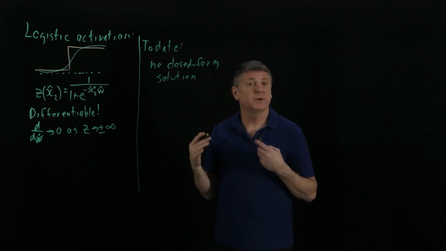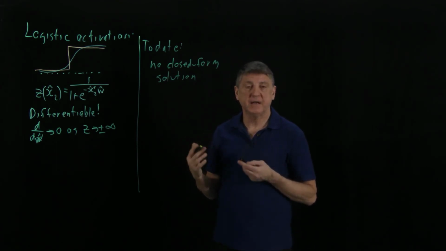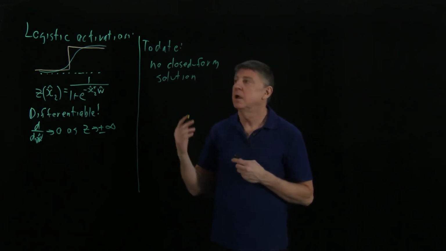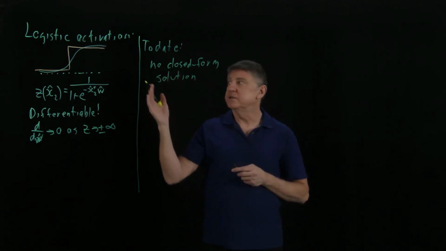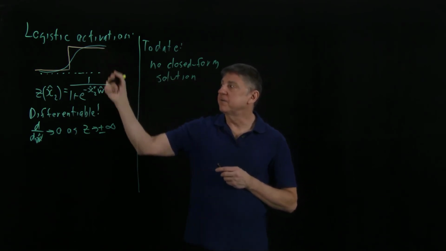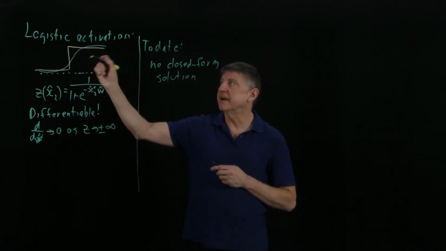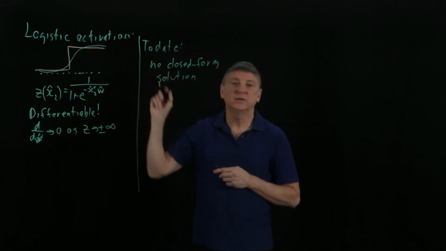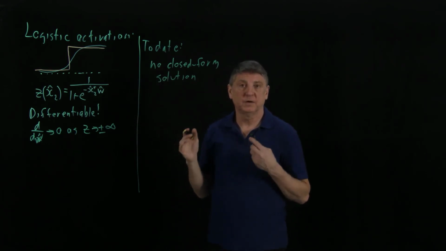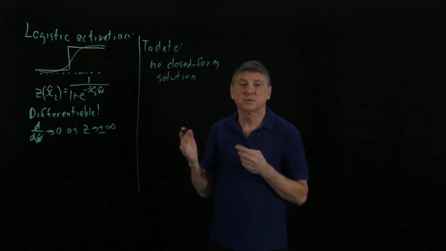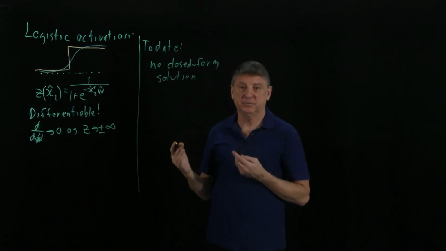With the perceptron, there is a known way, and the perceptron algorithm is guaranteed to converge. We don't know any way to find the augmented weight vector for a neuron that has a logistic activation using any closed form solution or any guaranteed iterative solution.